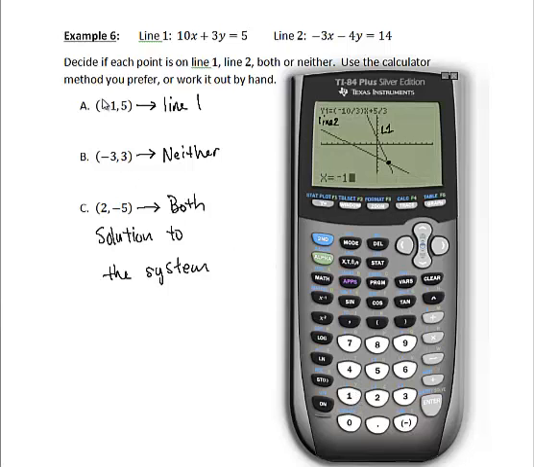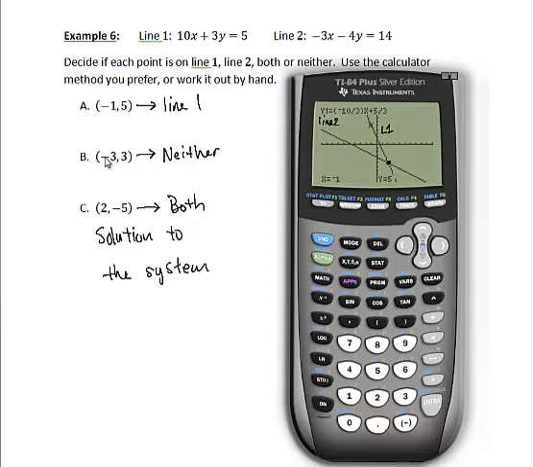So our first ordered pair is negative 1, 5. We hit the trace button, and then we hit negative 1, enter. You can see that the cursor is blinking, we are on line 1, and you can see that we get the Y value 5, which matches our ordered pair. So this point is only on line 1, and we obviously do not intersect at that point, and so that point is not on line 2.